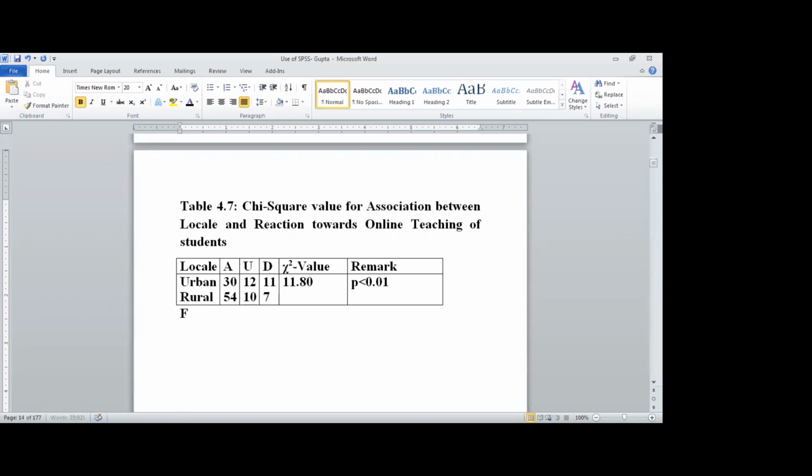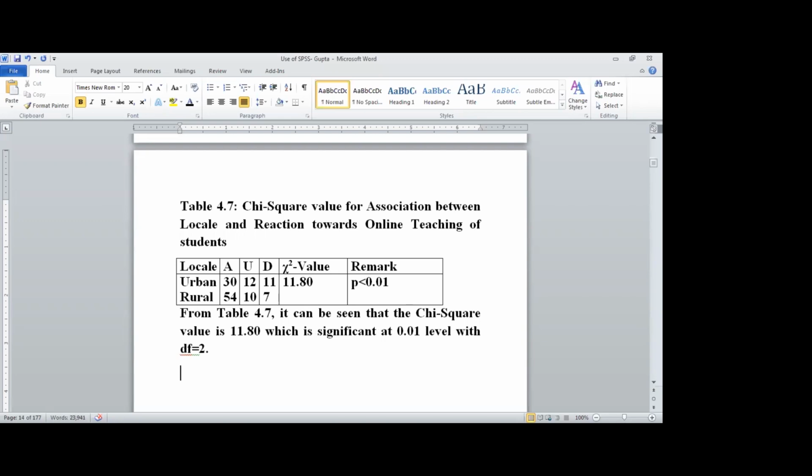Now, from table 4.7, it can be seen that the chi-square value is 11.80, which is significant at 0.01 level with df equal to 2.